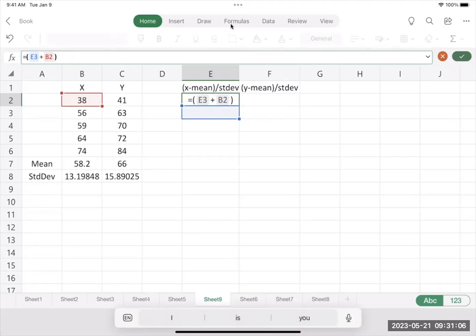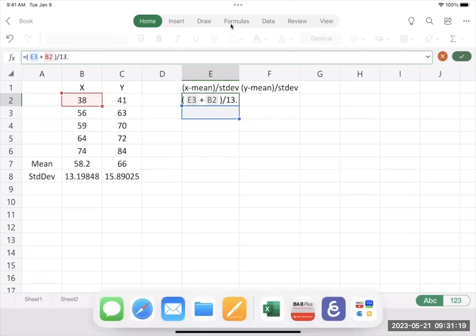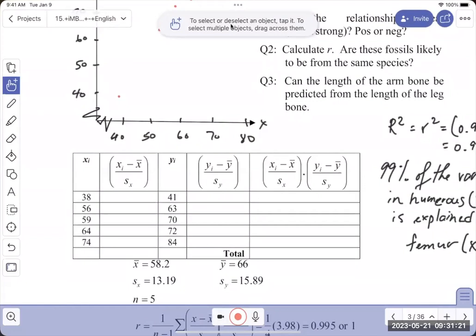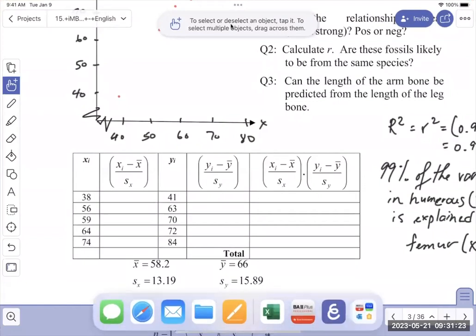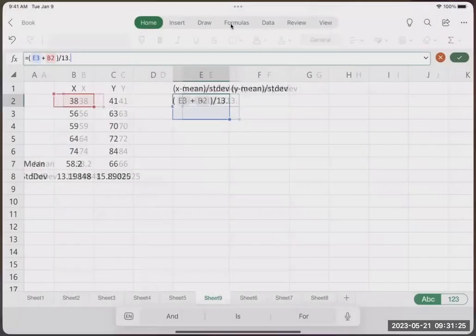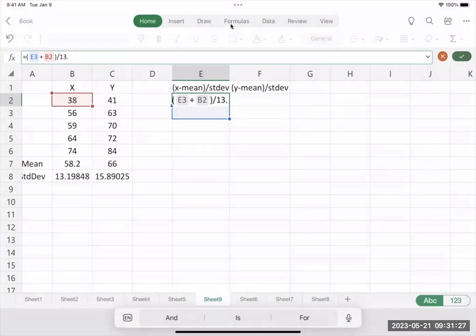If you use the dollar signs, you can, yeah, I don't want to do that right now. So I'm just going to mimic what you're doing manually. 13.19, what I did in the table, like what I did here, I just did 13.19, so I get the same type of answers.